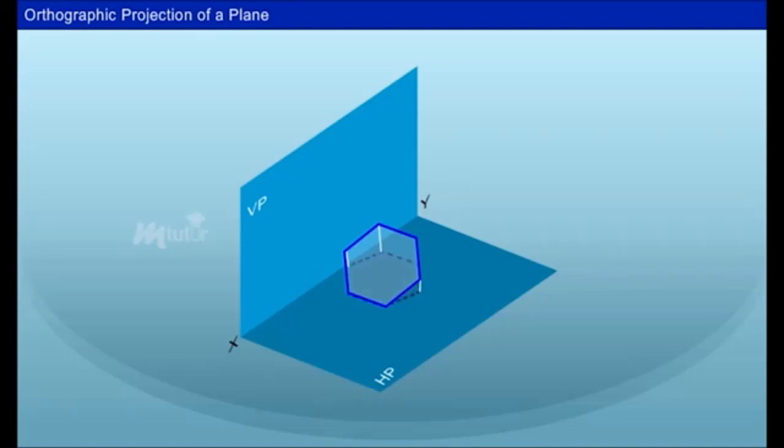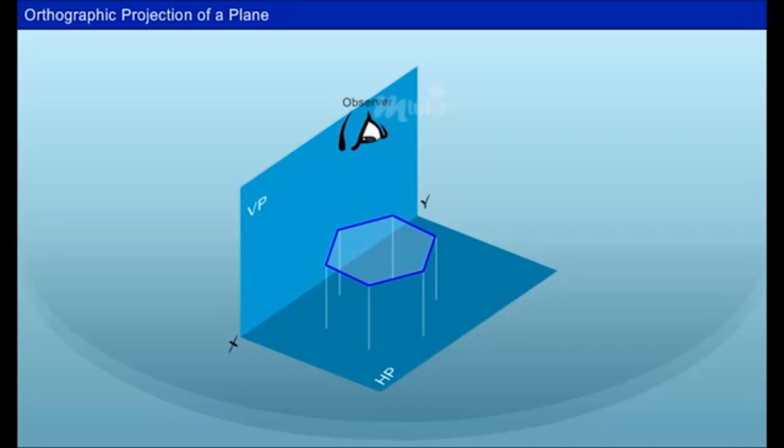Hence, we should start with the simple position of the plane, that is, its true shape. With the help of its simple position, we can draw its inclined position to any plane.